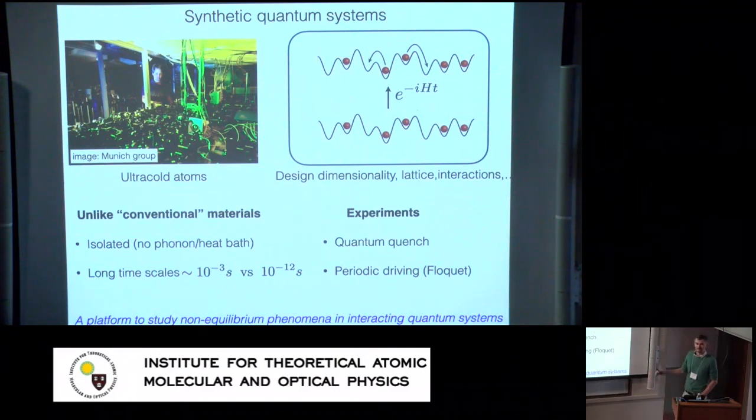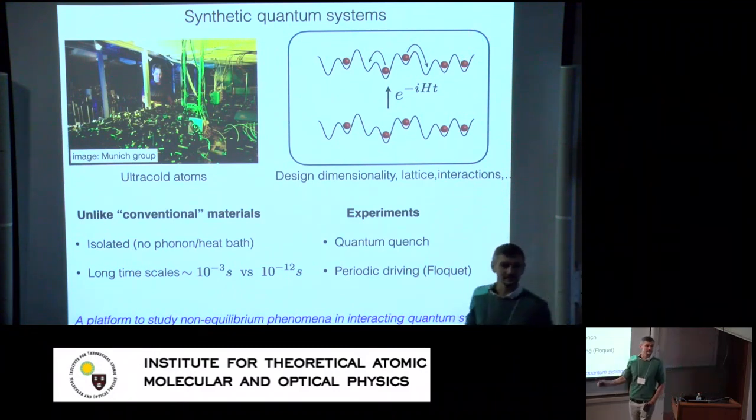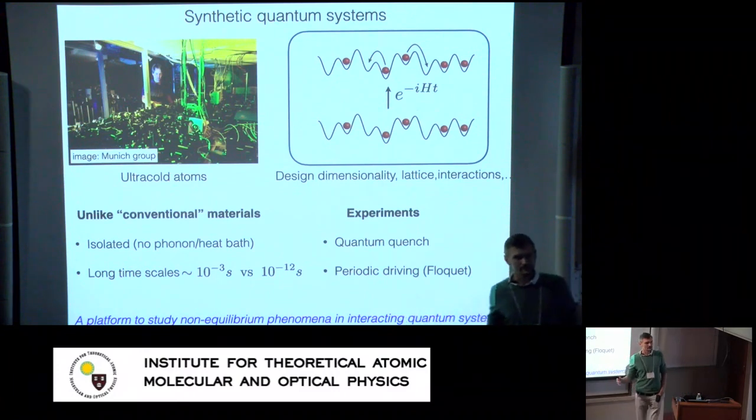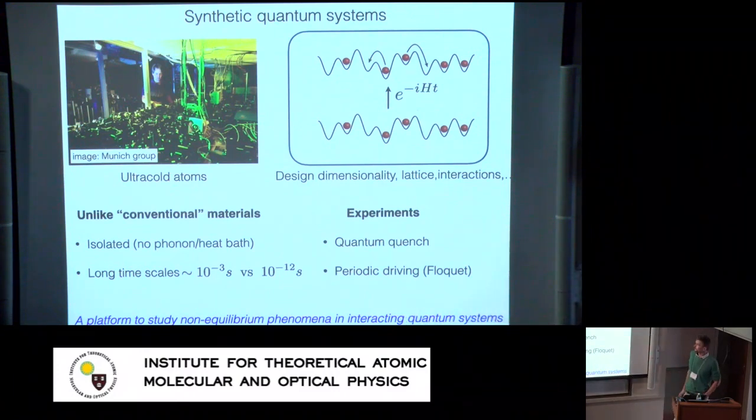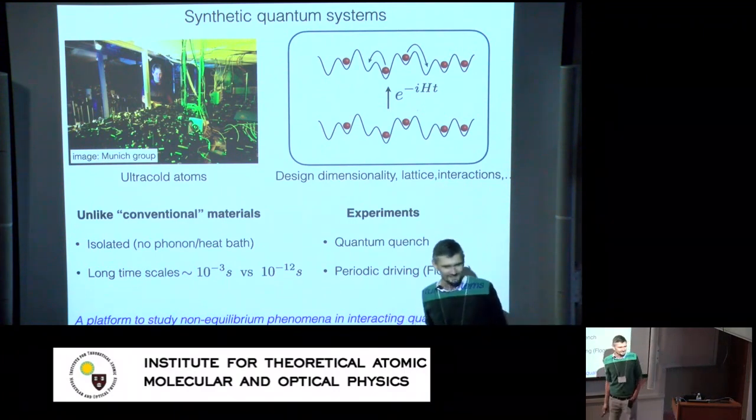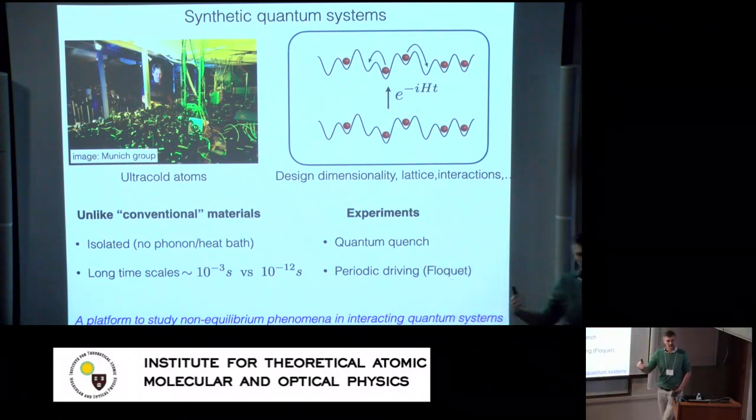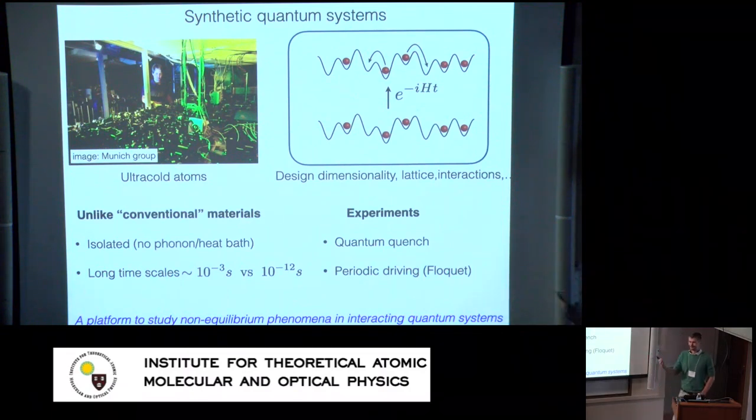And that really boosted interest in non-equilibrium dynamics of isolated many-body systems. Because in these systems you can do experiments such as quantum quenches. You can shake them and characterize the subsequent evolution in a controlled manner. So in a way, these systems are a lot simpler than driven materials that, for example, Andrea talked about this morning.